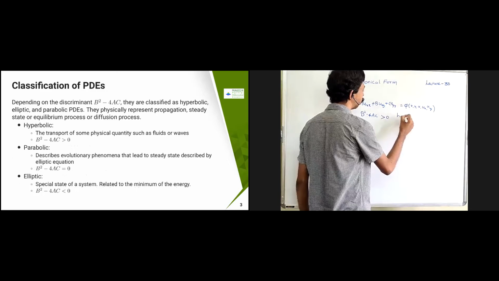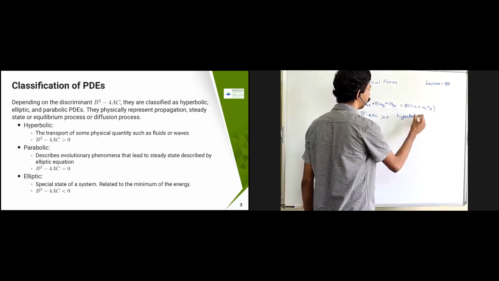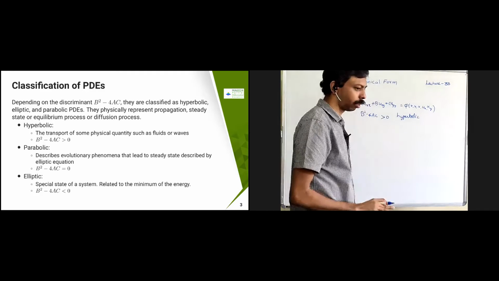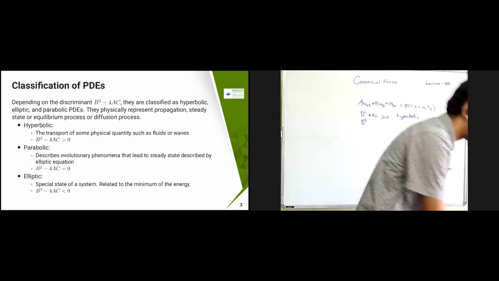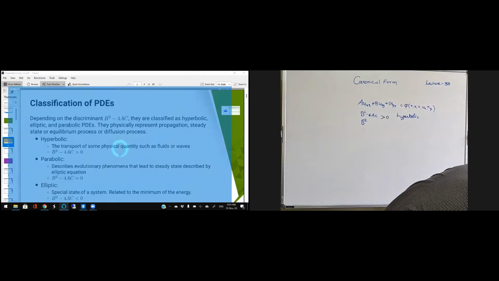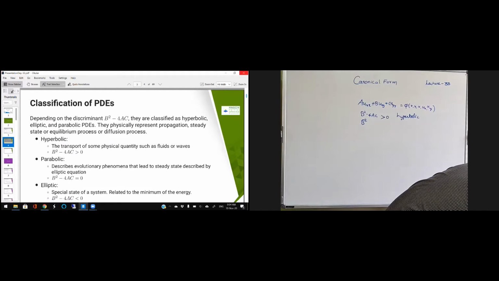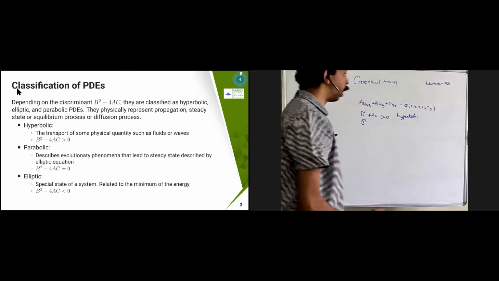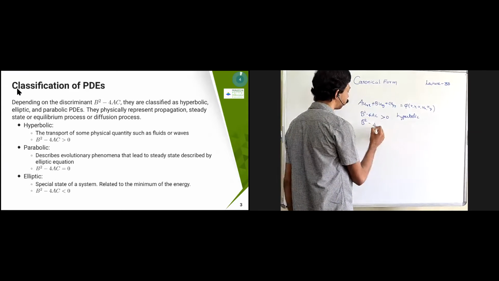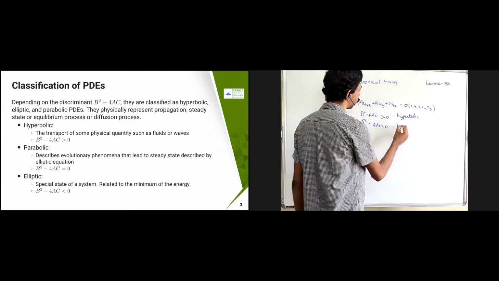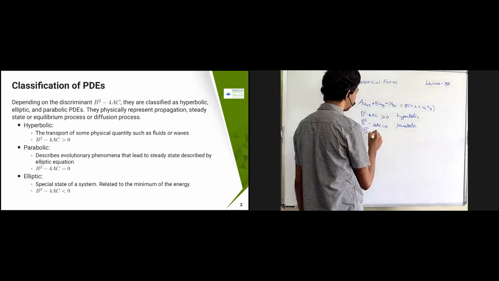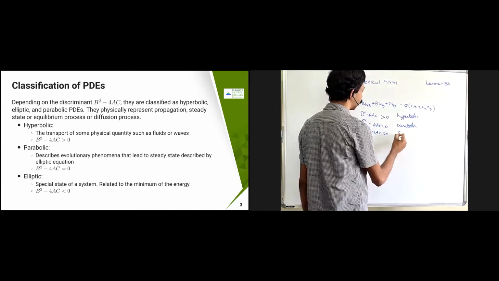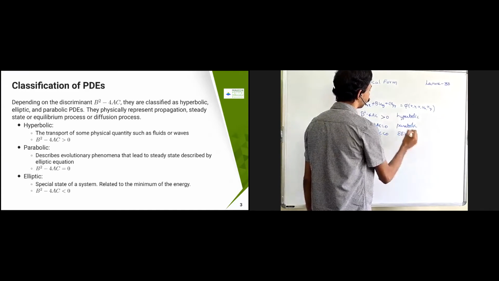If b square minus 4ac is equal to 0, then we call it parabolic, and if b square minus 4ac is less than 0, then we call it elliptic. So this is the classification we have.